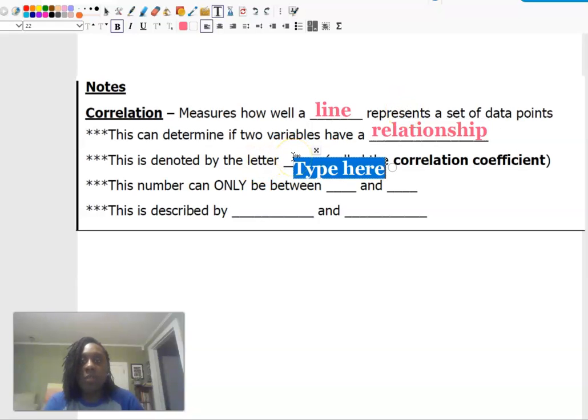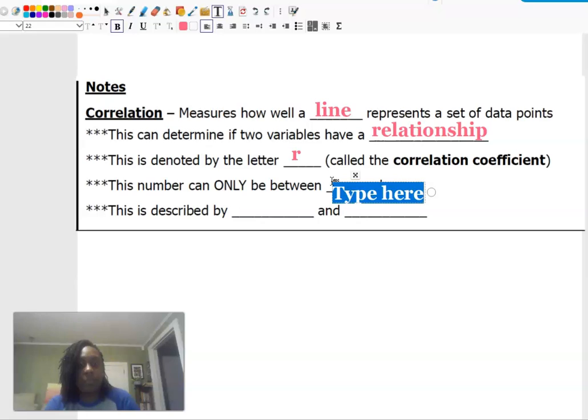All right, this is denoted by the letter R, and that R is called your correlation coefficient. This number can only be between -1 and +1.